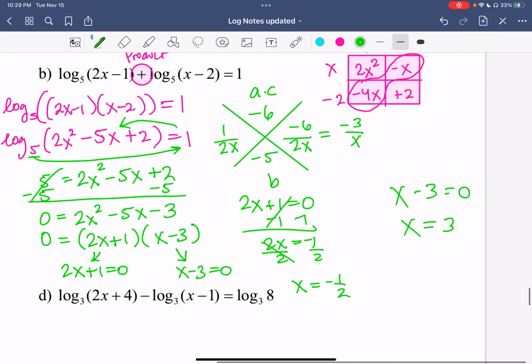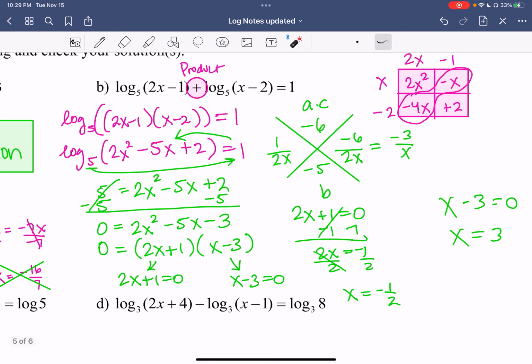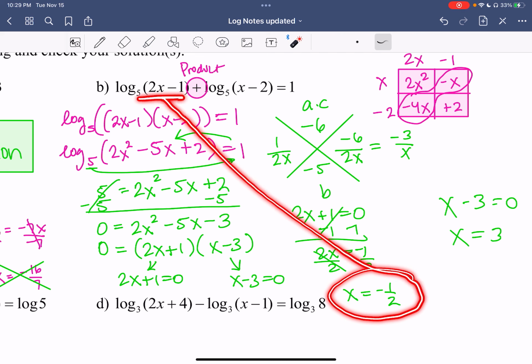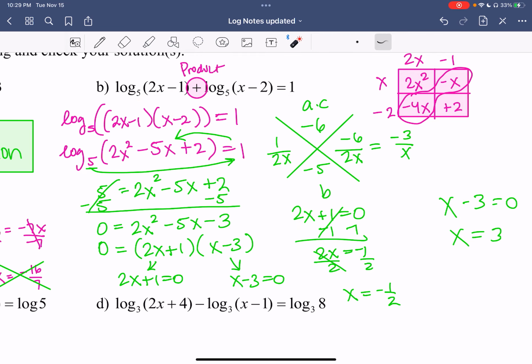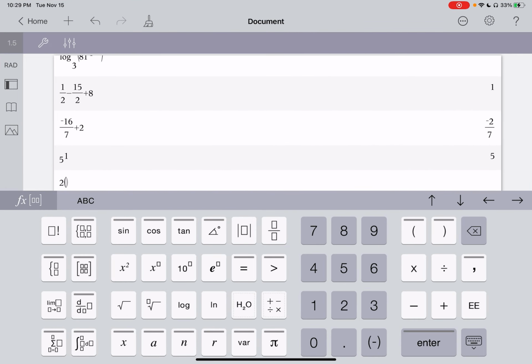Now remember, before you box in any of your answers, you need to double check that the argument is not going to be negative. So I'm going to type the negative 1/2 in here and also in here. So we're going to type 2 times negative 1/2 minus 1.